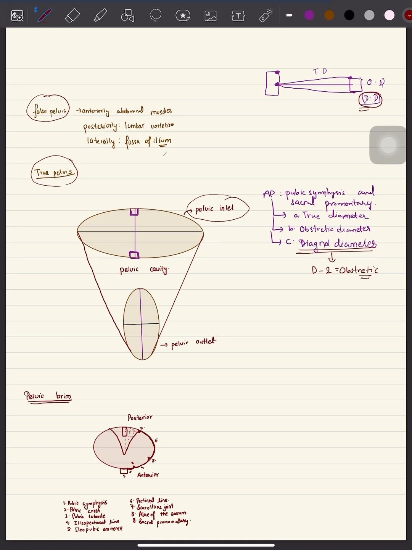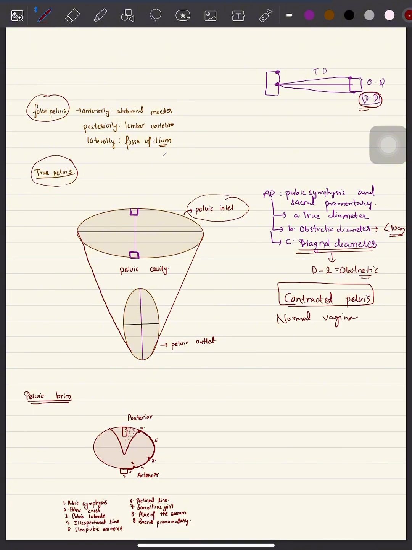That's why if the obstetric diameter is less than 10 centimeter, then it is said to be a contracted pelvis, and normal vaginal delivery wouldn't be possible.